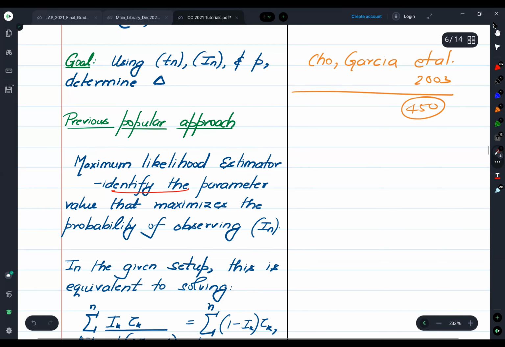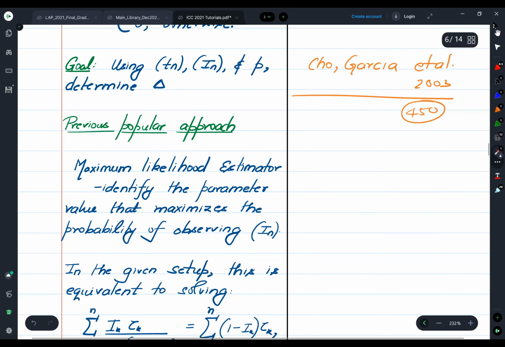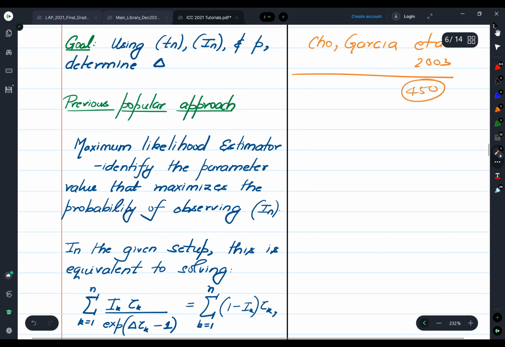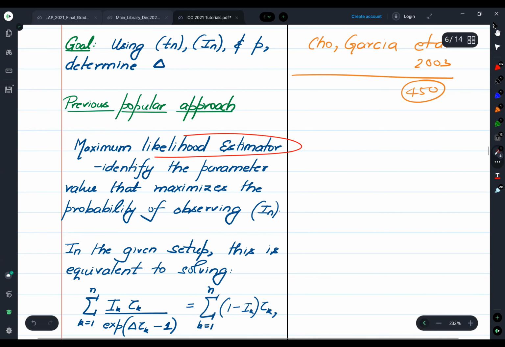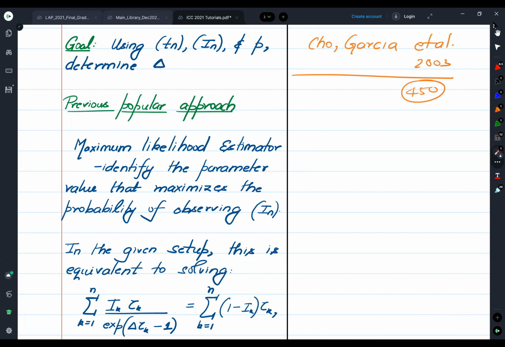It tries to identify the parameter value, which is delta in this case, that maximizes the probability of observing these Ins that we have observed. So whatever we have observed, what is the parameter value that maximizes the probability of these observations? That's the idea of the maximum likelihood estimator, and this 2003 paper proposes it to estimate this delta value.